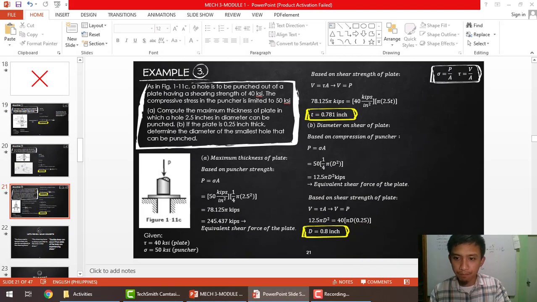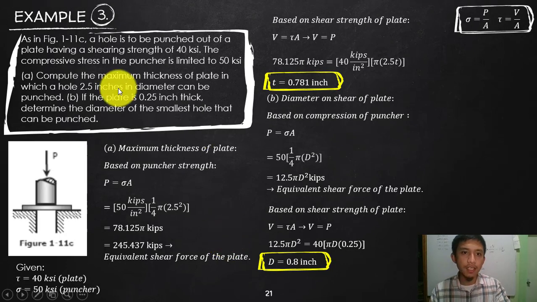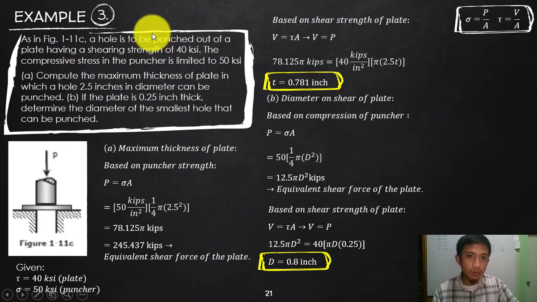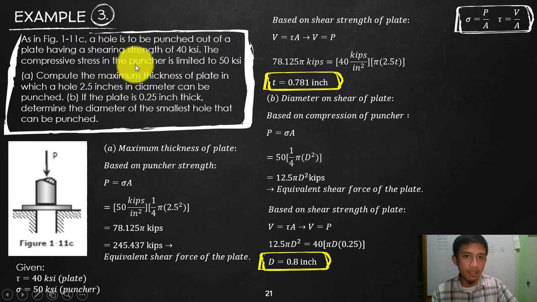So we are trying to punch a plate with a strength of 40 ksi using a puncher with a compressive stress, so that is the strength of the puncher, 50 ksi.